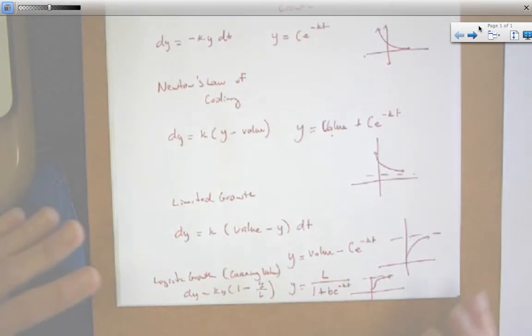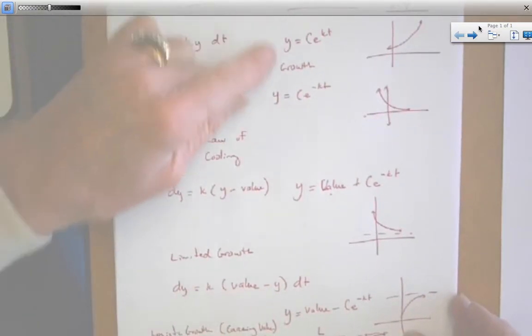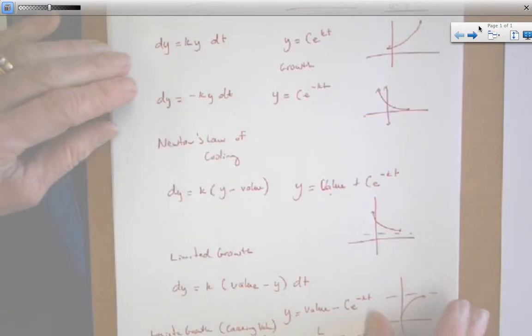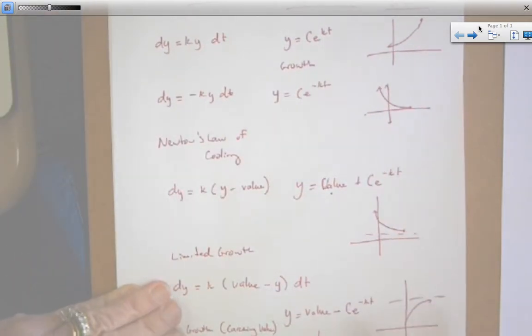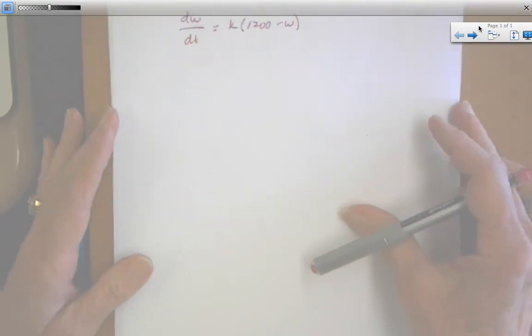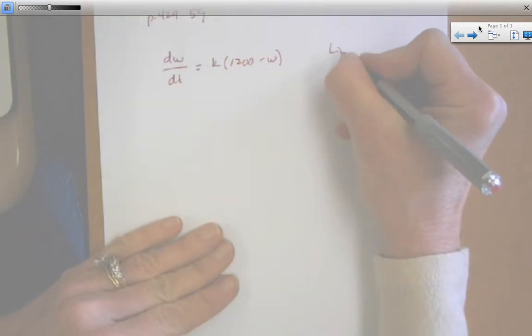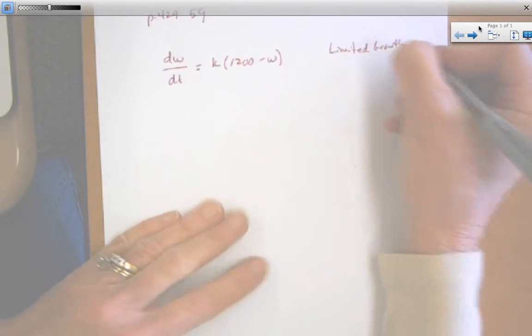So these are each of our models, and each of the problems that we have to fit into one of these differential equations and one of these solutions and look like one of these graphs. Once you recognize the forms, it makes it easy to know what your solution should look like. So going back to number 59 on page 429, we know this is going to be one with limited growth. We know that before we start because it fits that model.